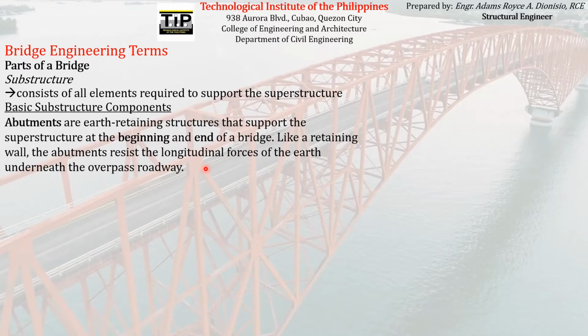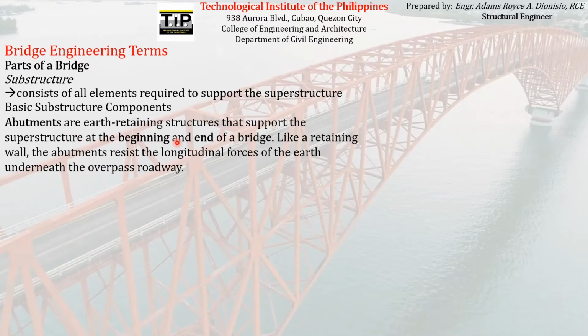So abutments are actually almost the same as piers, but the only difference is piers are located on intermediate points between abutments, while abutments are located only at the beginning and at the end of a bridge. So those are the abutments.